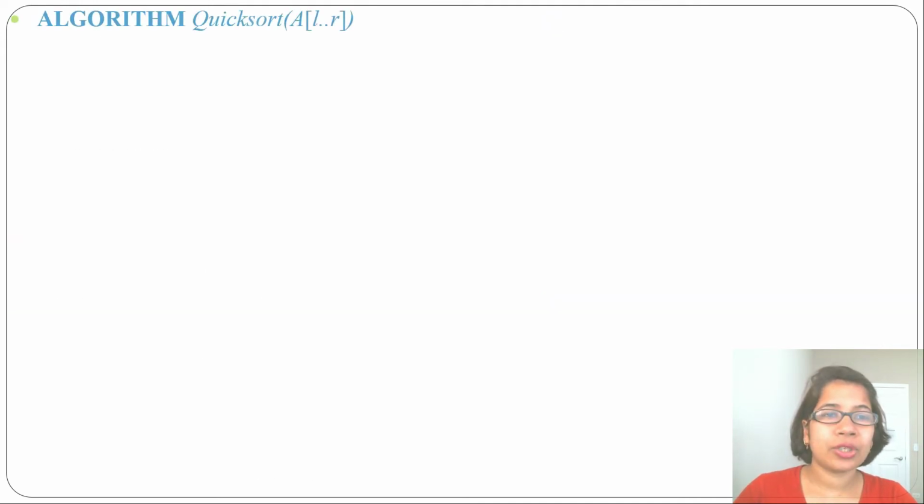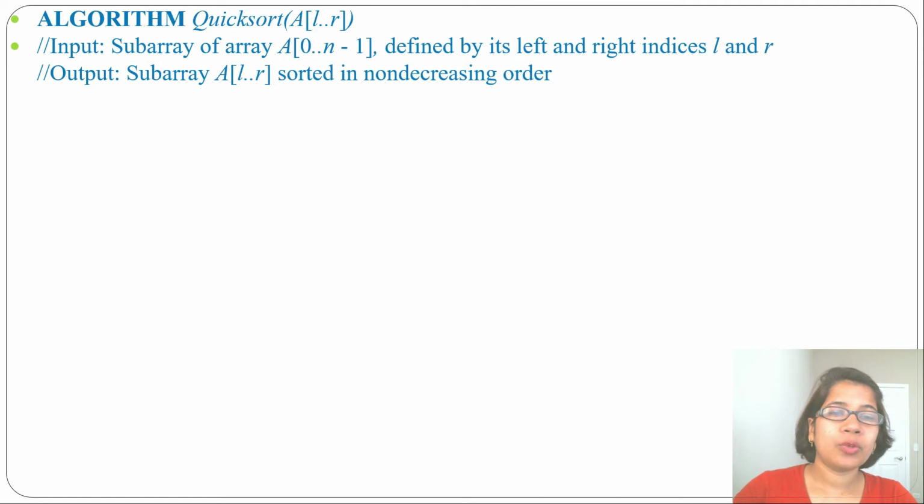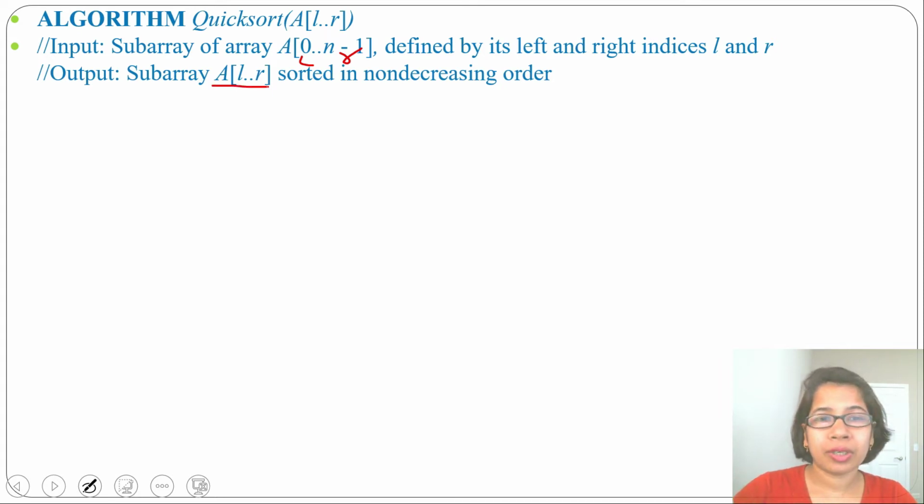Let's discuss the quicksort algorithm. Input is one subarray A of 0 to n minus 1 defined by the left and right indices, meaning this is our L and this is our R. One array is given, with indices from L to R, and the output is A of L to R, now sorted.